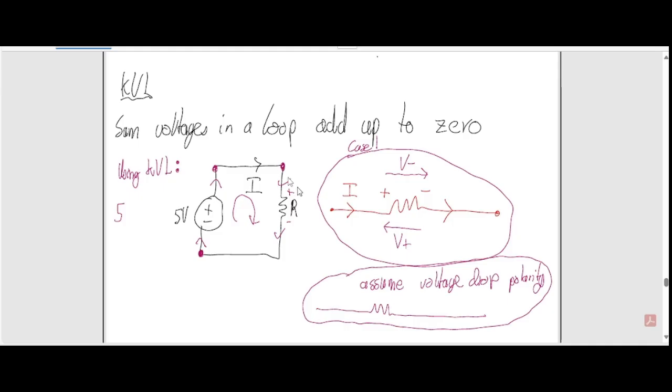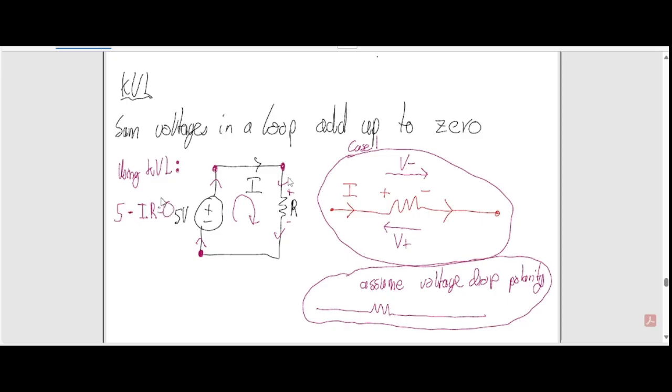Negative. That makes sense, because you have to get zero somehow. If it were plus IR, how would you get zero from that? It would be a bigger number, right? So it has to be minus for you to get zero.